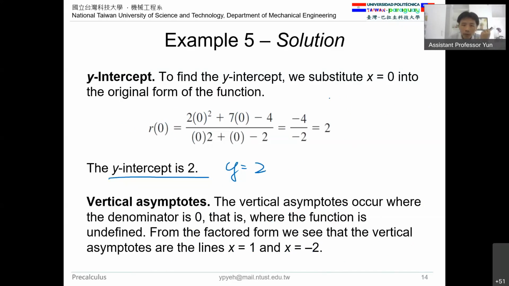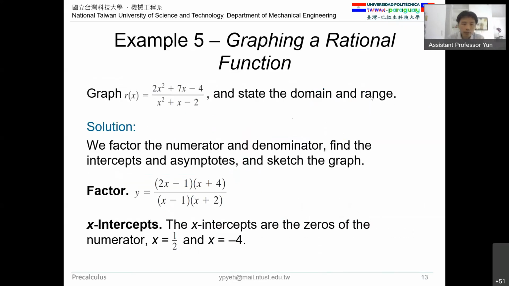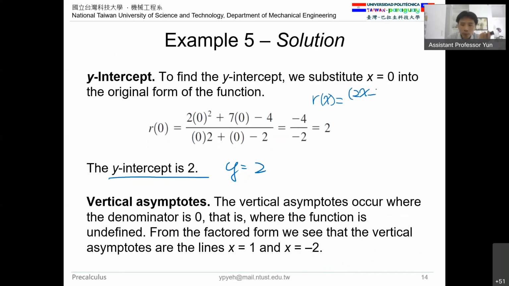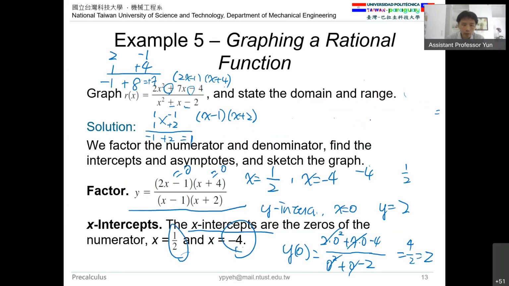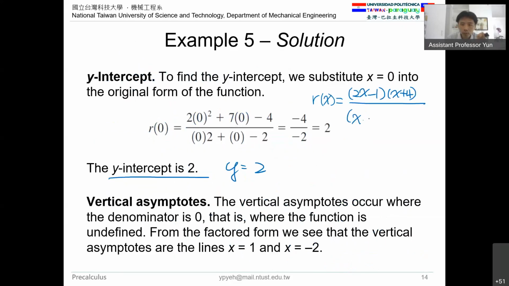We know the function f of x equal to (2x - 1)(x + 4) divided by (x - 1)(x + 2).